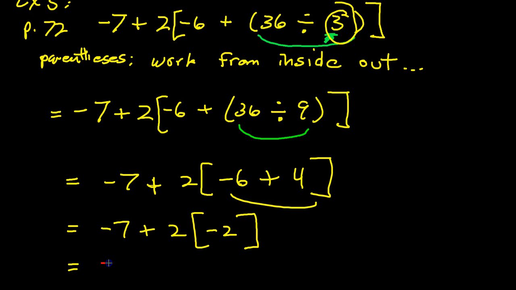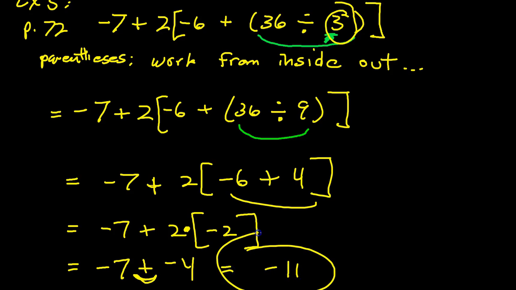All right, so minus 7 plus 2 times minus 2 is minus 4. And now I take care of this addition. So tempting to do that first, or even before you're supposed to. That's the last operation. Minus 7 plus 4 is negative 11.